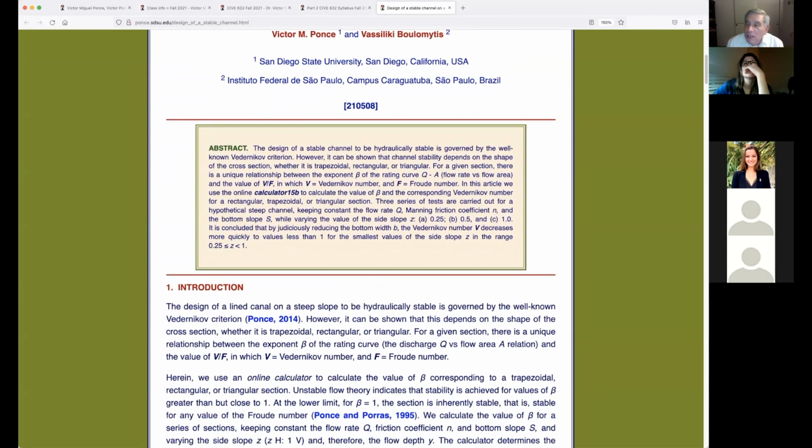So let's take a look. The reading of this paper and the understanding of this paper is going to help you do your homework, because I built a homework around this situation. The design of a stable channel to be hydraulically stable is governed by the well-known Vedernikov criterion. But the channel stability depends on the shape of the cross-section, whether it is trapezoidal, rectangular, or triangular.